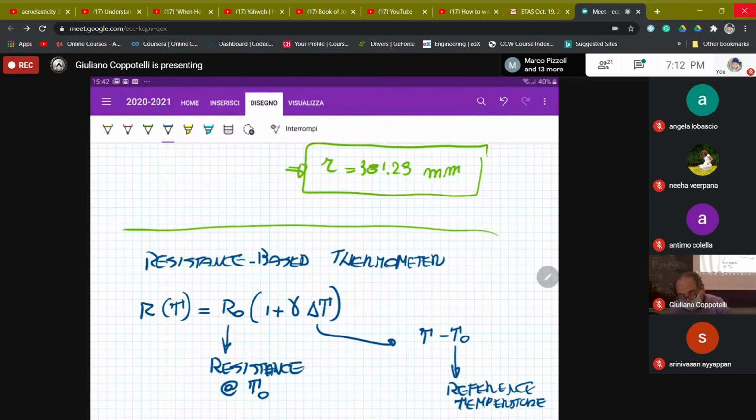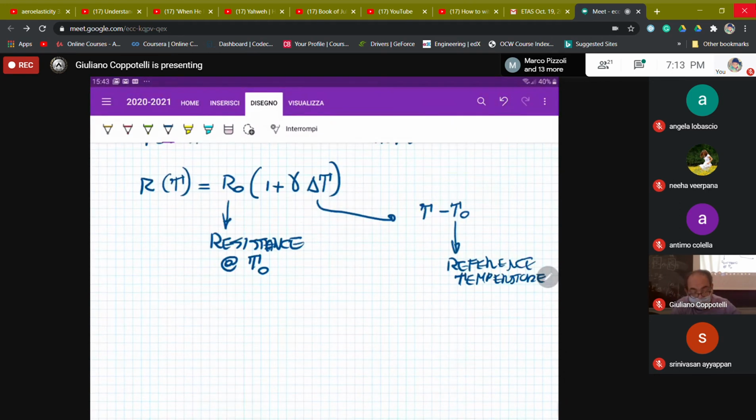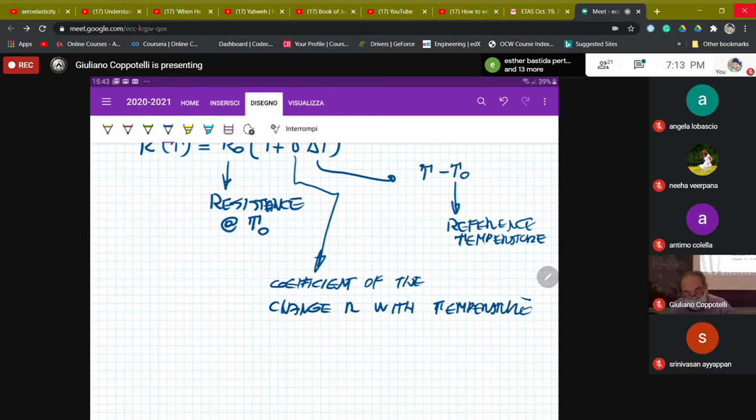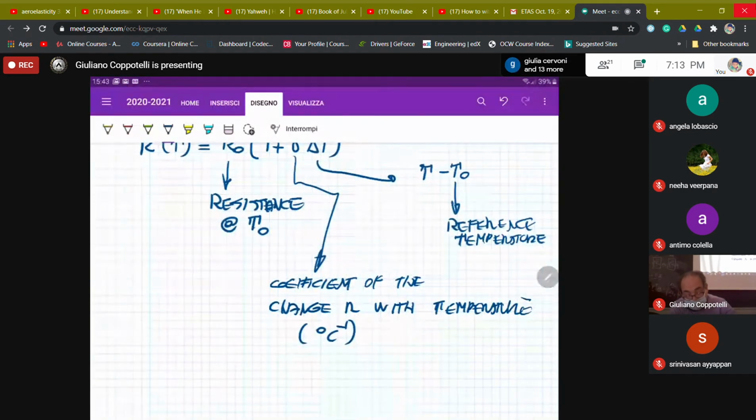And gamma, this coefficient, is the coefficient of the change of R with temperature, and that is measured in degrees to the -1.